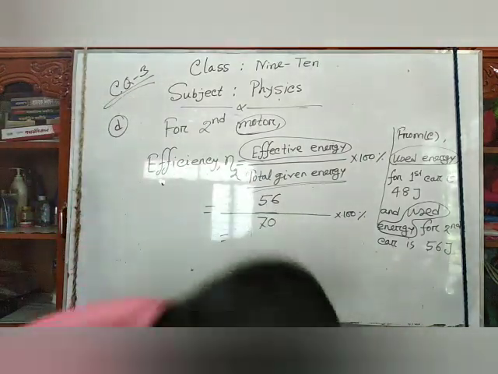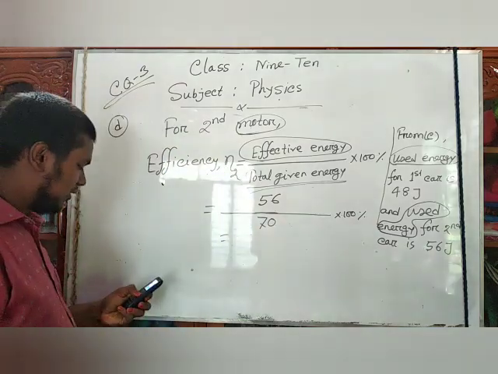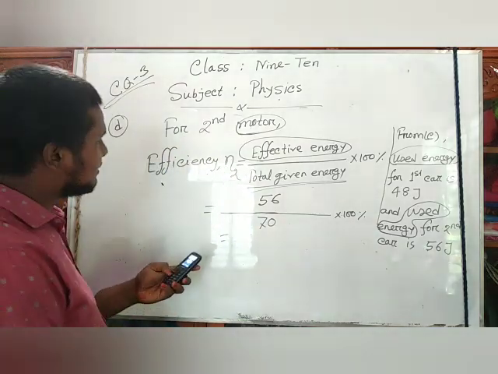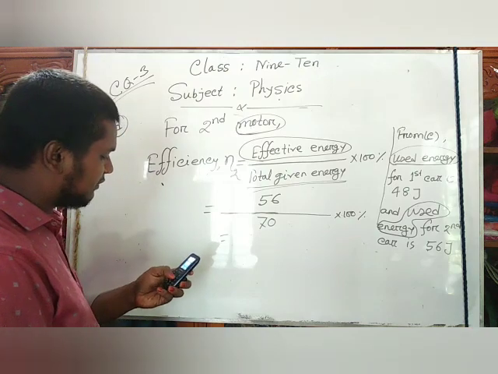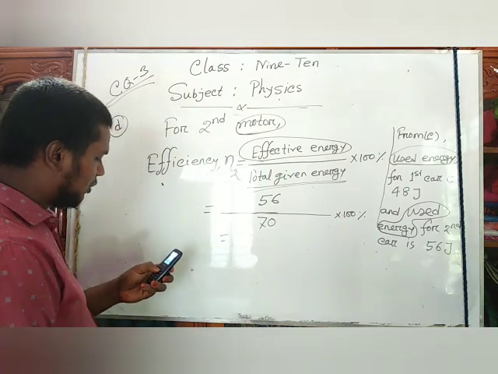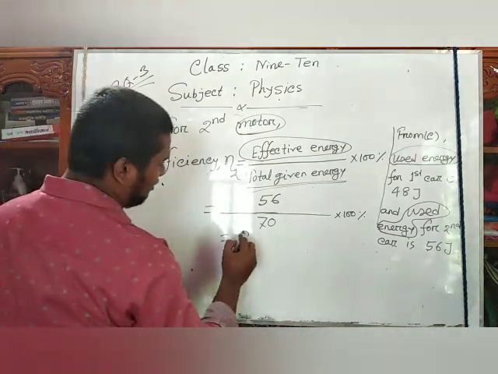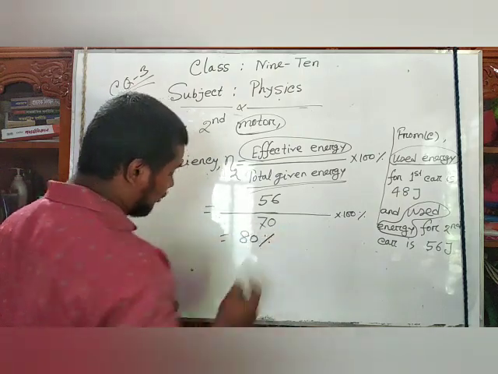We see that the efficiency for the second car is 56 divided by 70 into 100%, that means 80%.